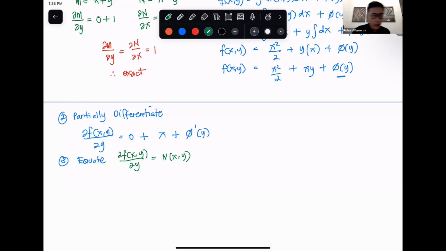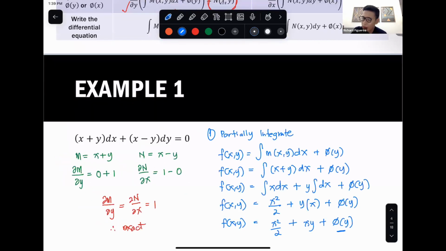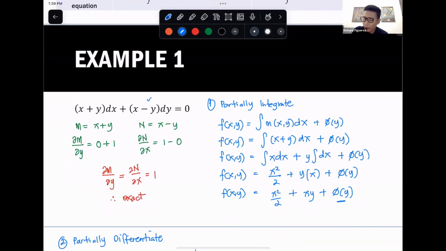So paano ba siya nun? The partial derivative of f of xy with respect to y is x plus p prime of y, then equated to n of xy. So what is n of xy? Ito yung n of xy natin, x minus y.